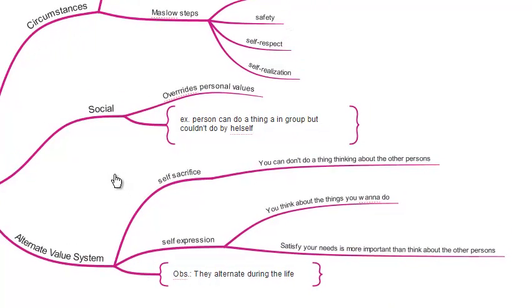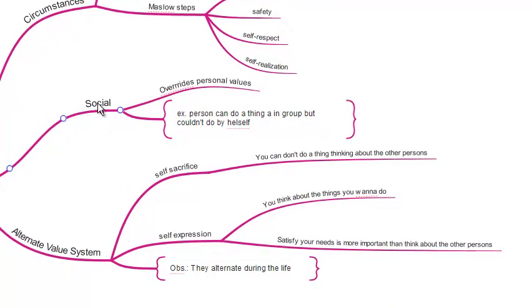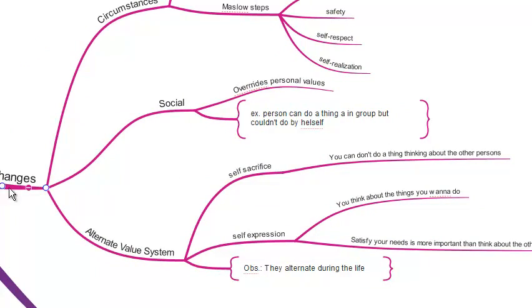An interesting thing is social changes. Social changes occurring can override your personal values. One example is a good person who really likes others and couldn't do anything to other persons.